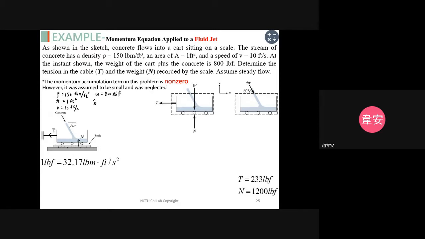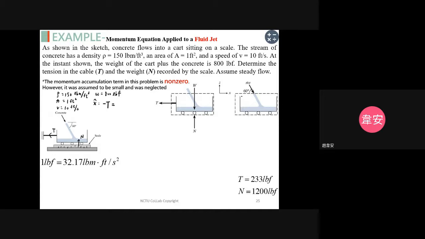Along the x direction, the force only has the tension force, and it is equal to the momentum contributed from the inflow.